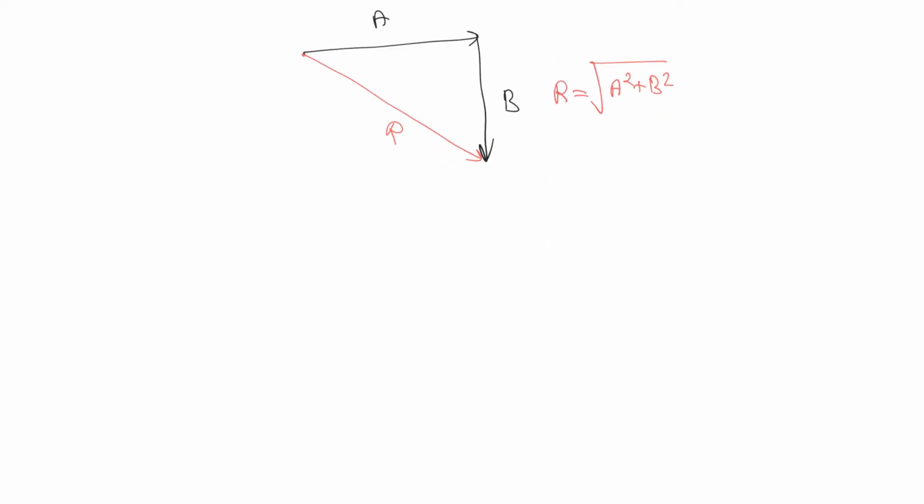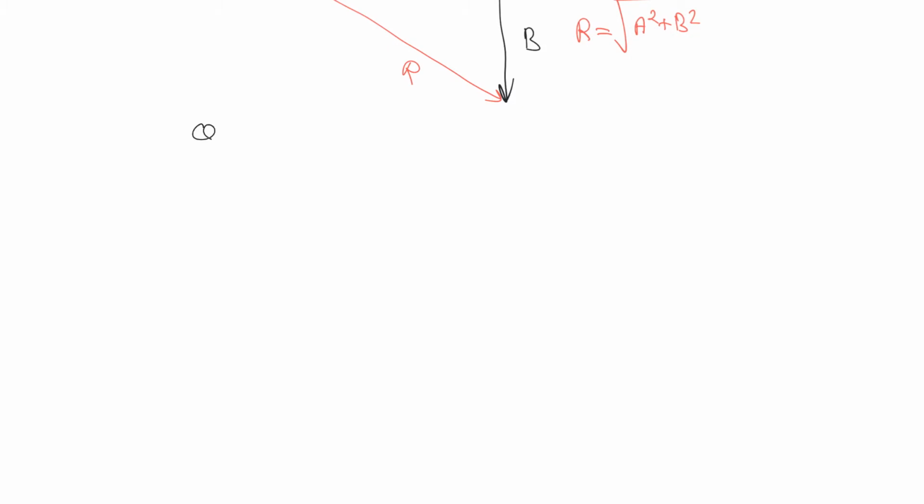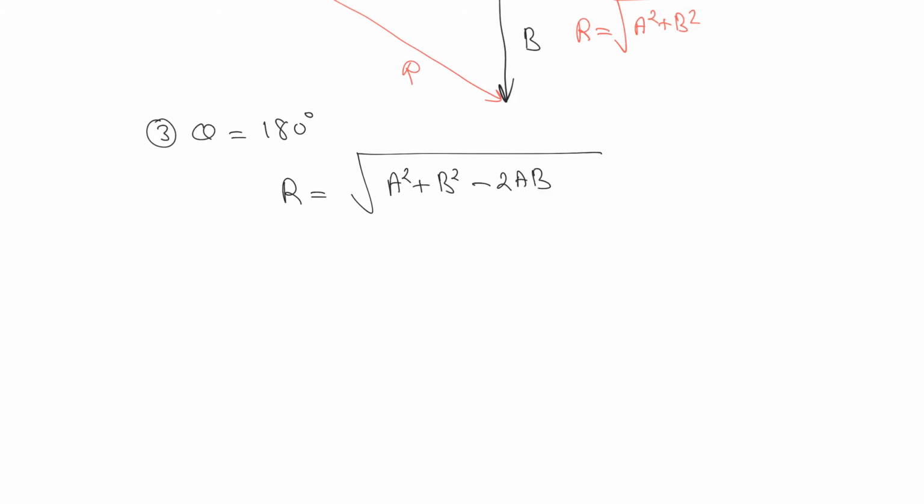Now I'll consider the next situation, if the value of theta is equal to 180 degrees. So we can write the value of R will be equal to under root of A square plus B square minus 2AB cos 180 degrees. And we know that the value of cos 180 is nothing but minus 1.